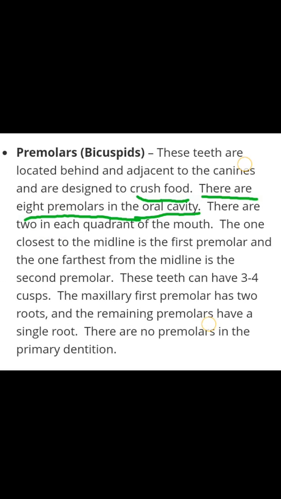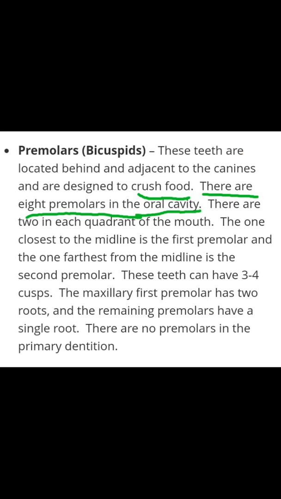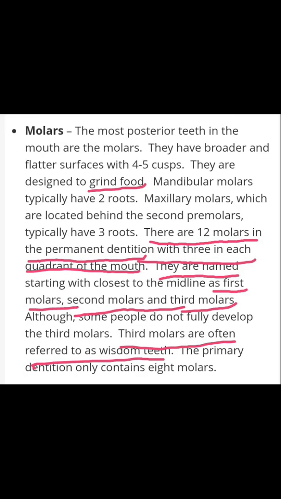There are 8 premolars in the oral cavity, 4 in the lower jaw and 4 in the upper jaw, and that makes them 2 on the right hand side and 2 on the left hand side of both the jaws.